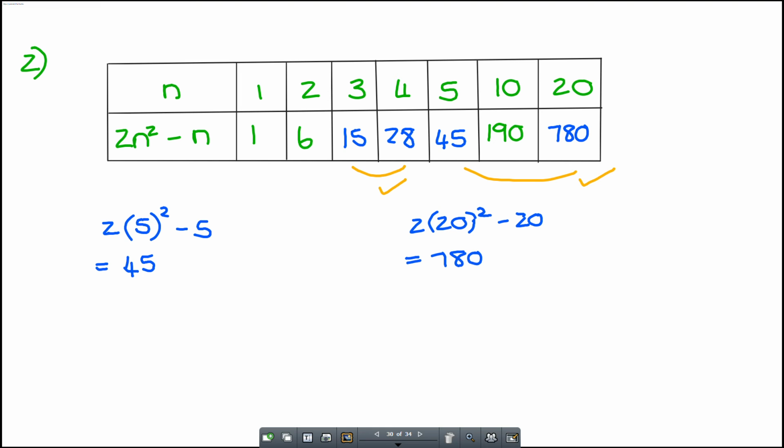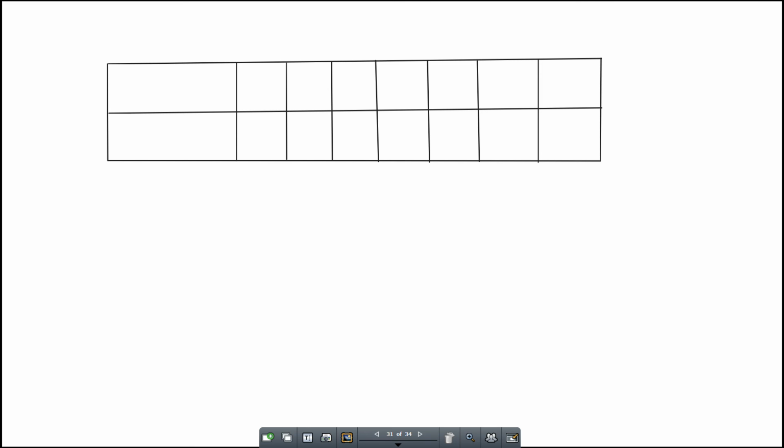Okay, number 3. Number 3 says use the formula to complete the following table. So over here, we only had a formula. We could not go and count dots or have a look at the picture.